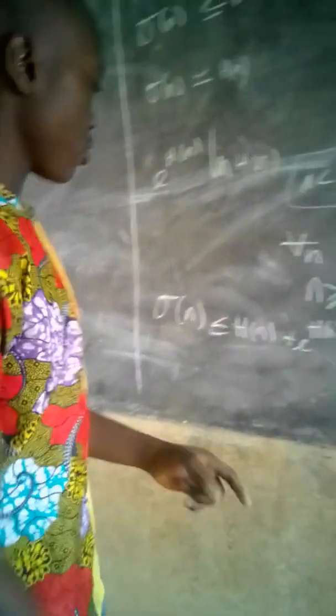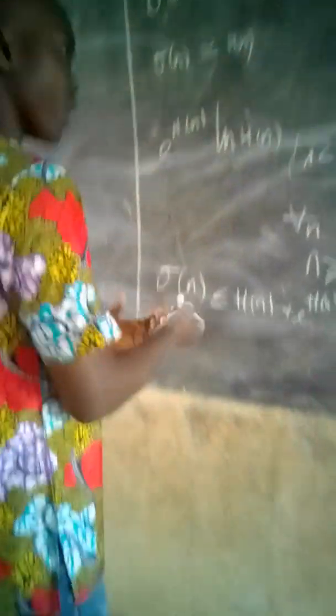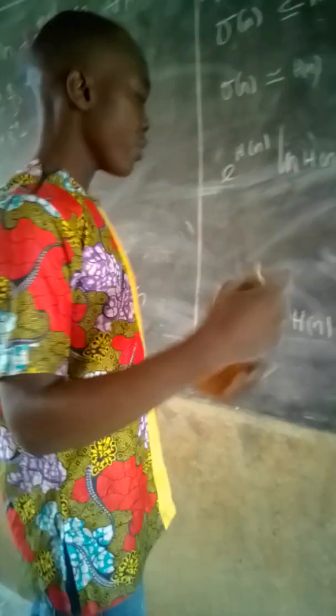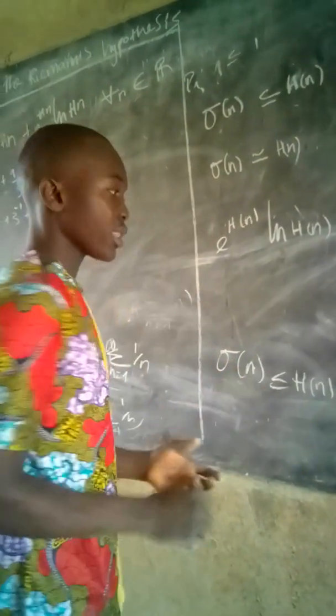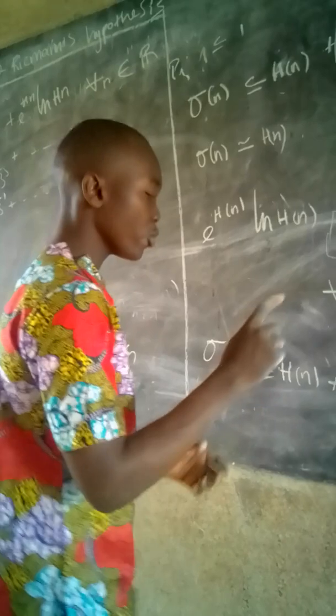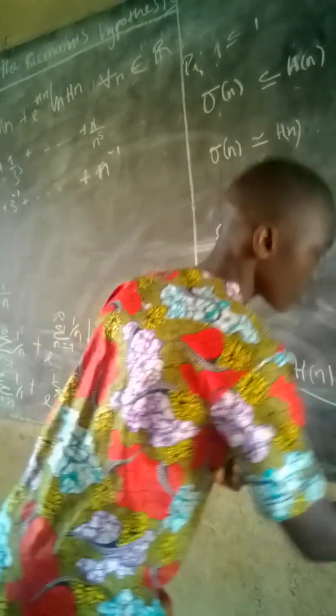We can see that if we try any number, 1, 2, 3, 4, 5, 6, even 1000 here, we will be having this is less than this.